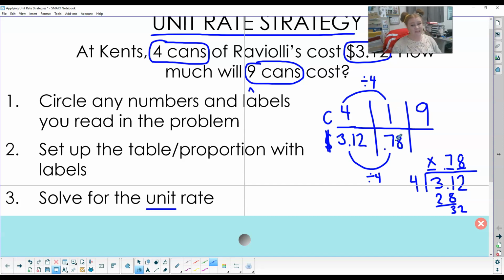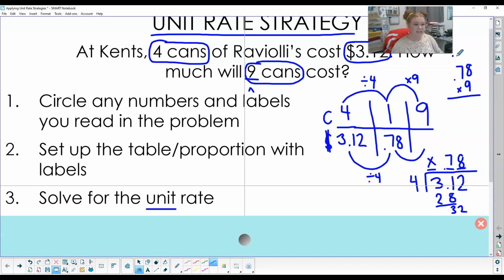1 can, 78 cents. Now I have my unit rate. I know how much 1 is. Now I want to know how much 9 is. So don't forget to do that last step there. I have 1. I need 9 though. How much will 9 cost? I get from 1 to 9 by multiplying by 9. So I need to now do the same thing here and do 0.78 times 9.